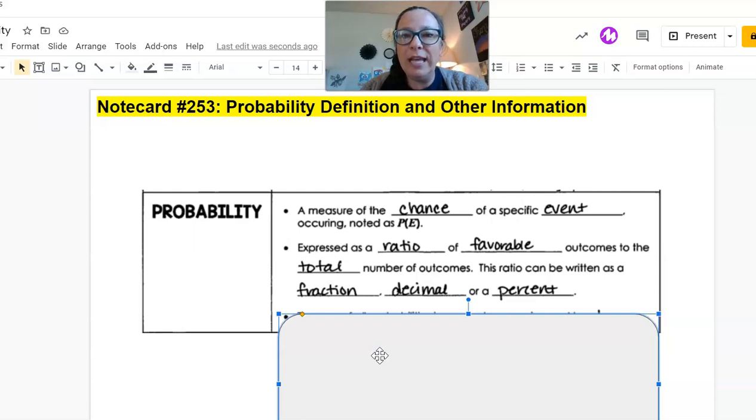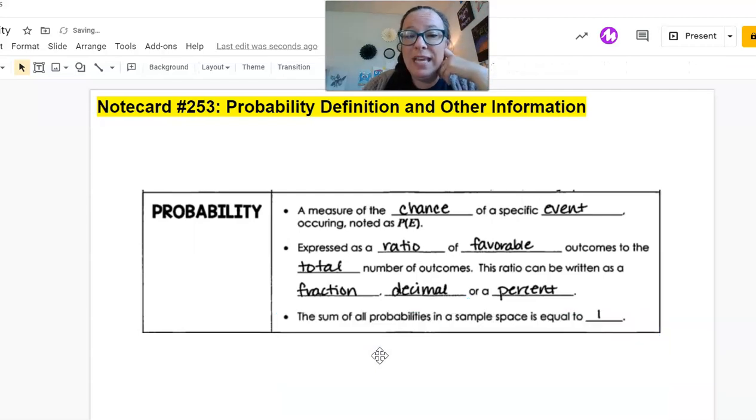Any of them are acceptable unless the problem specifically says to answer in a certain way. As we progress further in our math careers, the most acceptable one is a decimal. But right now, it probably makes sense to you to say a percent, like that's a 30% probability or a 20% probability. But again, it can be written as a fraction, a decimal, or a percent.